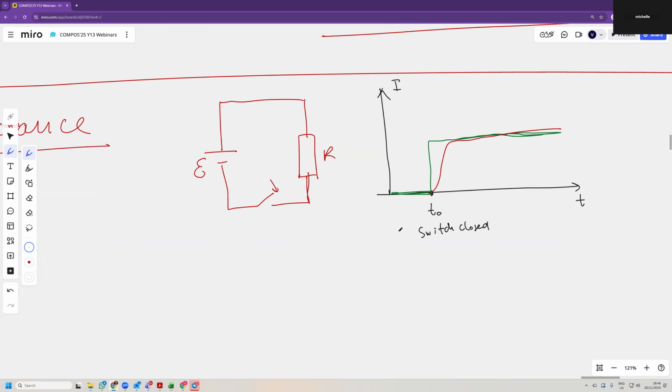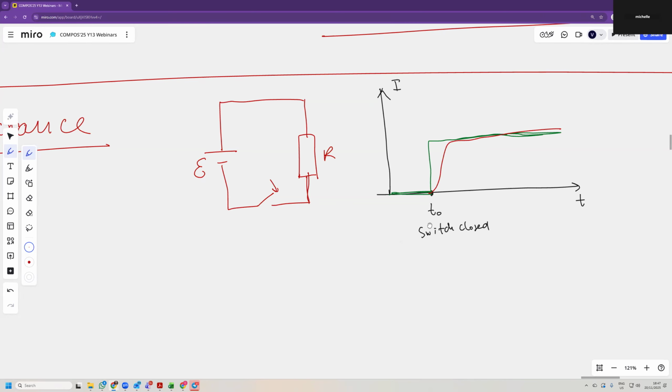Now, what is the reason? How can you explain that it will not be instant? Well, the explanation is in inductance. The wires have a natural resistance to change. Wires produce their own magnetic field, and that magnetic field induces a current in the opposite direction.